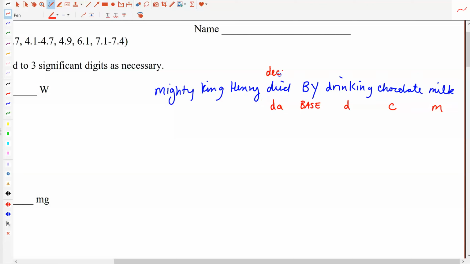As a reminder, this is deca, and over here to the right, that was deci. Henry is hecto, or H. King is kilo, or K, and king is at 10 to the 3rd power. We jump to the 10 to the 6th power for mighty, which is capital M.